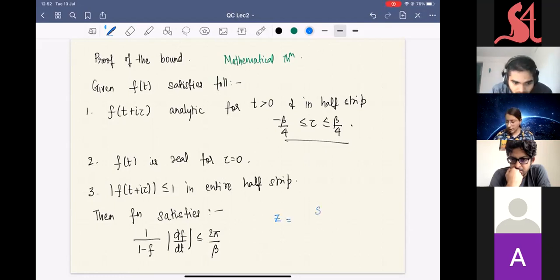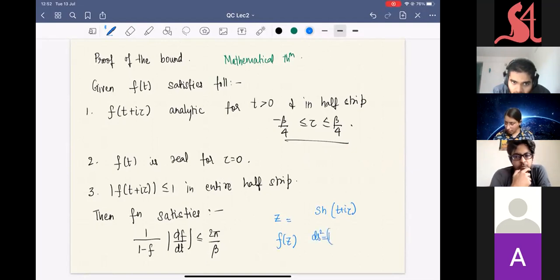There is a function of t, and it maps one plane to the other, and then f as a function of z has some metric, some ds squared, with dz to some power and 1 minus something.